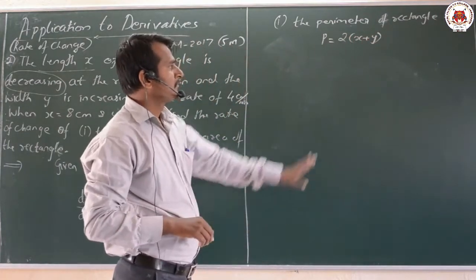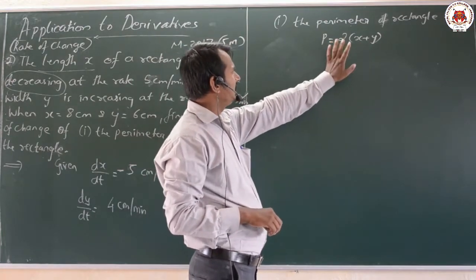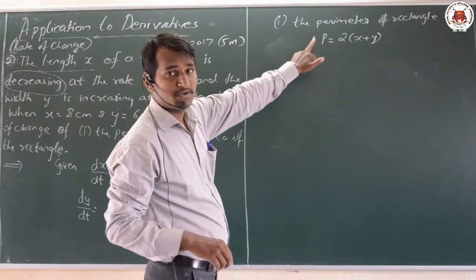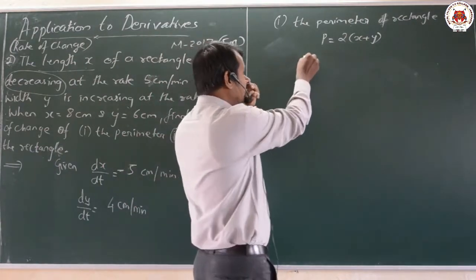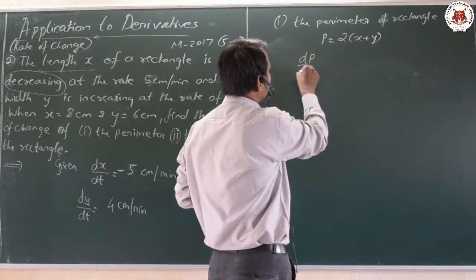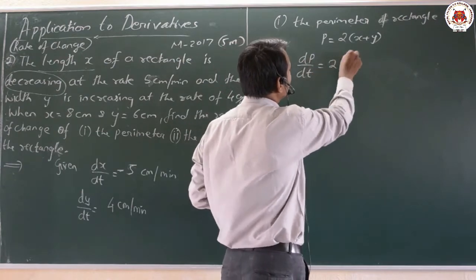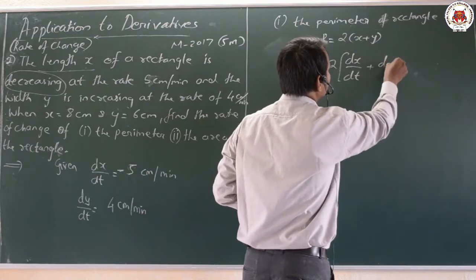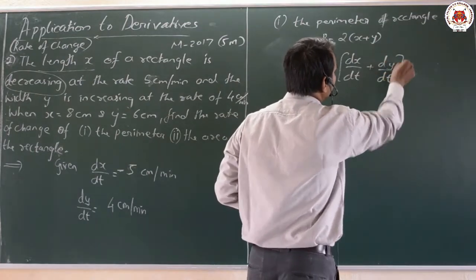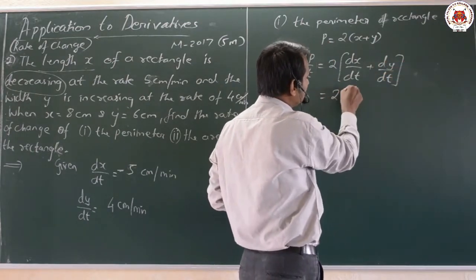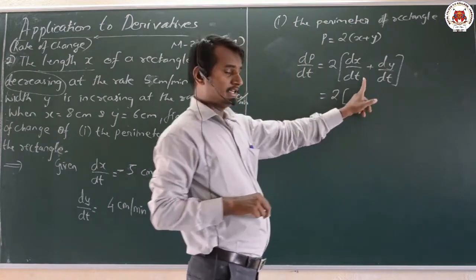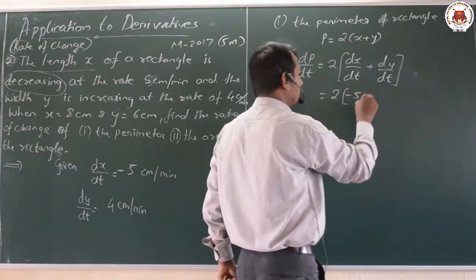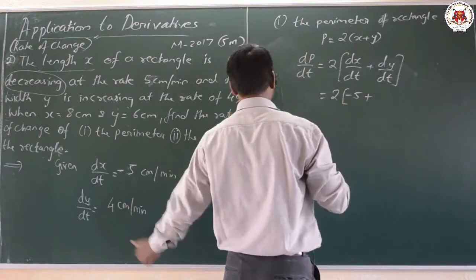Now here I require the rate of change in P. Rate of change in P means dp by dt. dp by dt is equal to 2 into dx by dt plus dy by dt. The problem is very simple. What is the dx by dt value now? dx by dt value is minus 5, plus dy by dt value is 4.